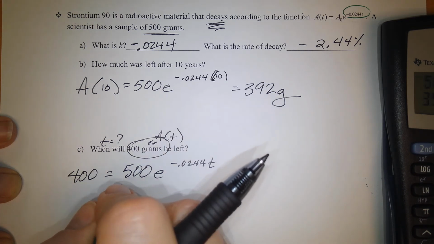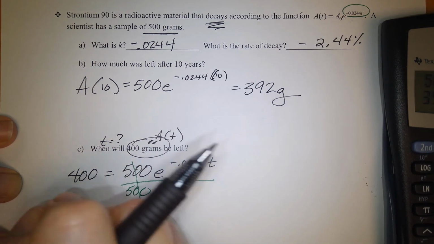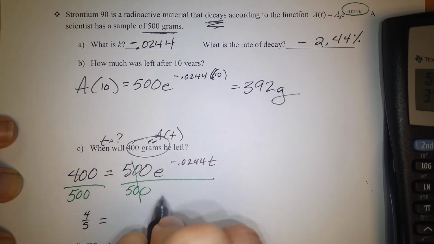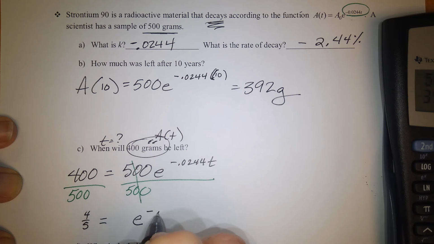First thing we do is divide out the coefficient. 400 divided by 500 we can leave as 4/5, or you can change it to 0.8 if you prefer. So 4/5 equals e to the negative 0.0244 t power.